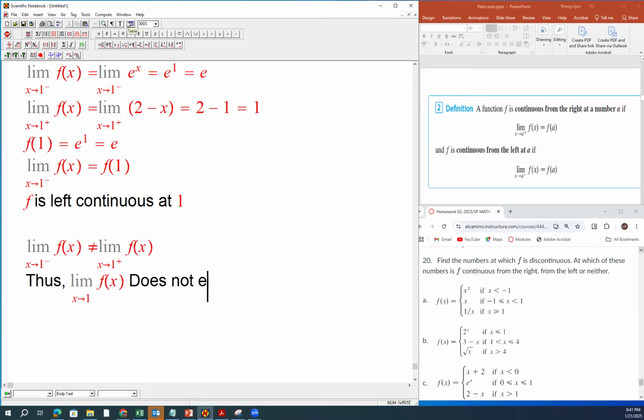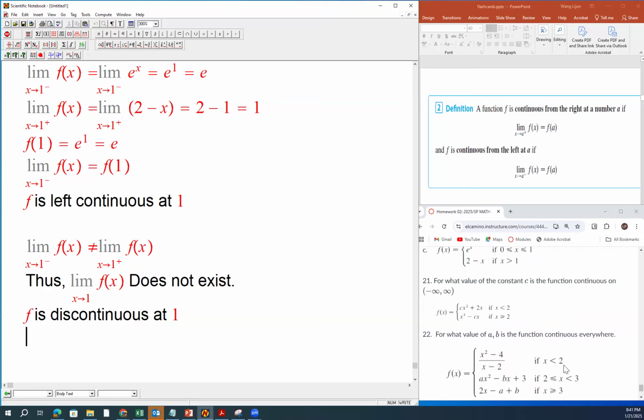And then we say f is discontinuous at 1. So that's how you say it. You have two other examples to practice.